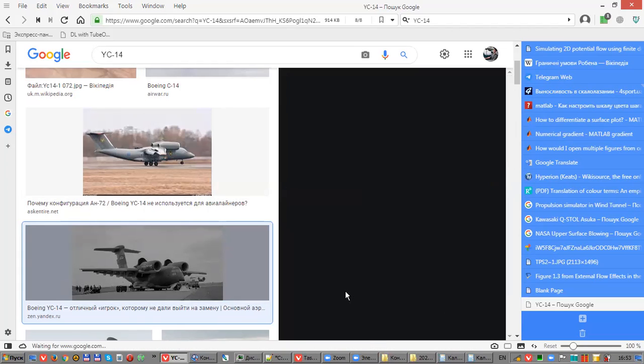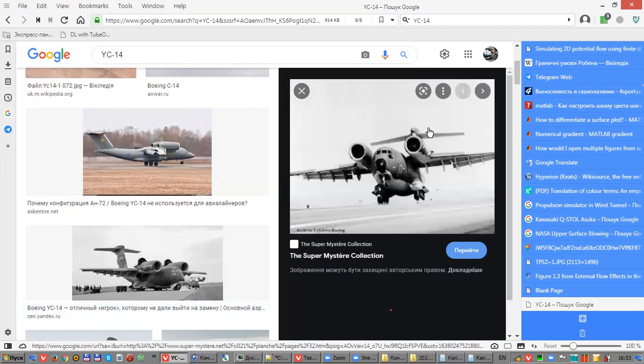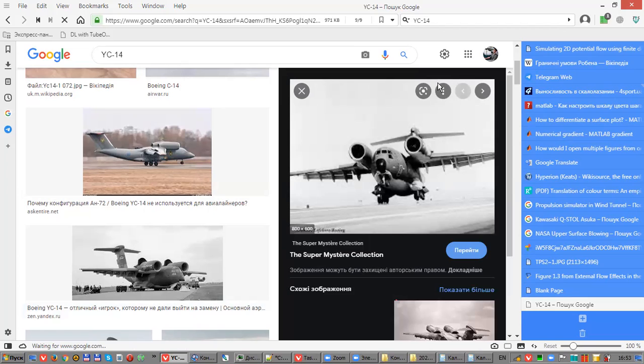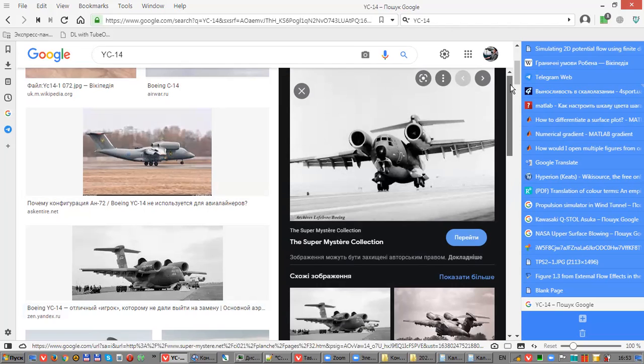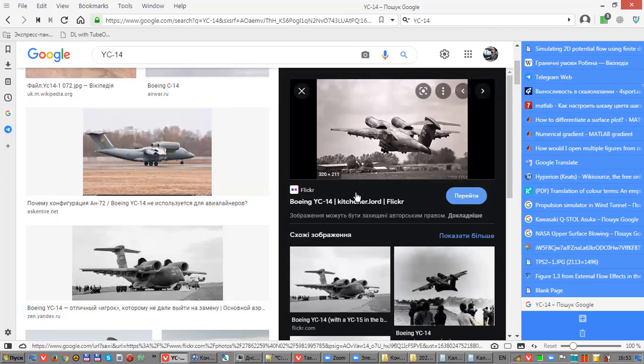On this picture, pretty similar to Antonov 72. In fact, Antonov extensively studied American documentation and took the same idea for this picture, very similar to the Antonov design.